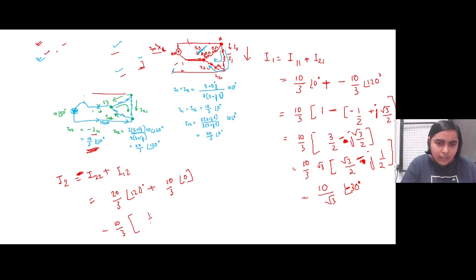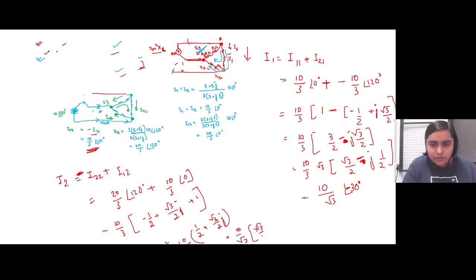So again here, minus half plus root 3 by 2 j, and this will be 1. So it will be half plus root 3 by 2 j times of 10 by 3. Similarly, if you take root 3 outside, it will be 10 by root 3 times root 3 by 2 plus 1 by 2 j. So in terms of angle, 10 by root 3, this will be plus 30 degree.